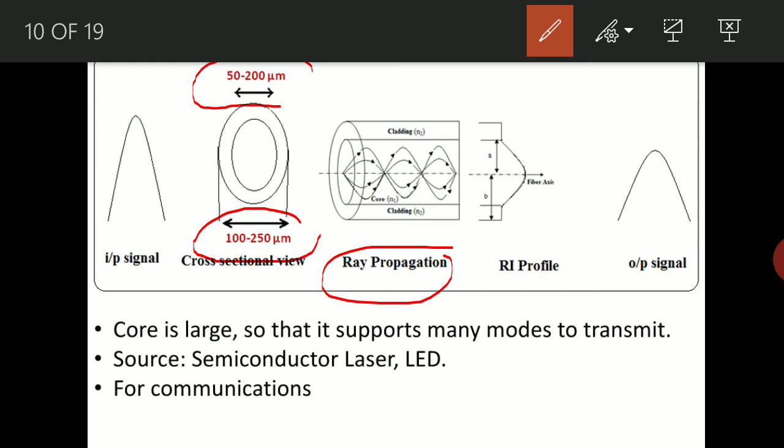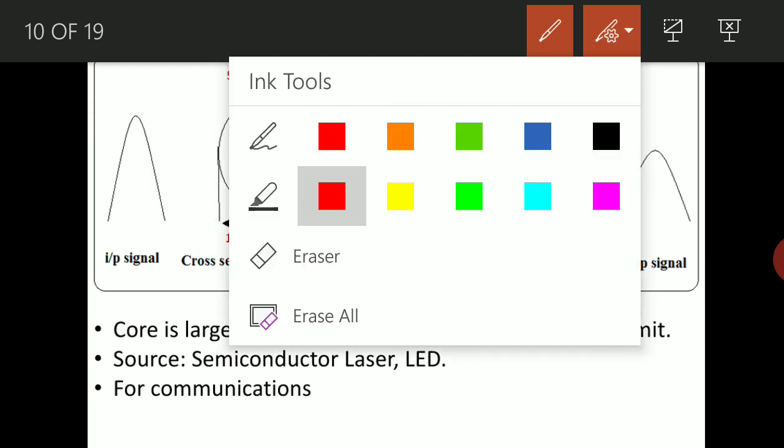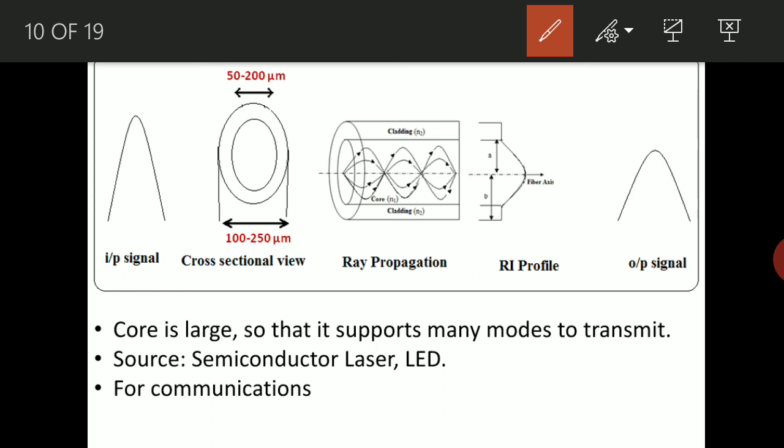Clearly you can observe from the diagram. Such a curved path, a ray of light is going to trace. Then here also more than one mode exists, therefore it is going to be multi-mode.